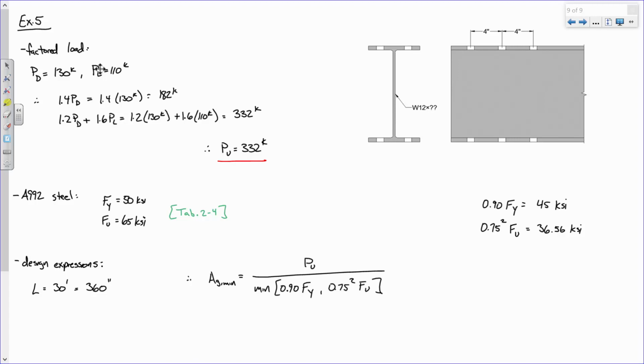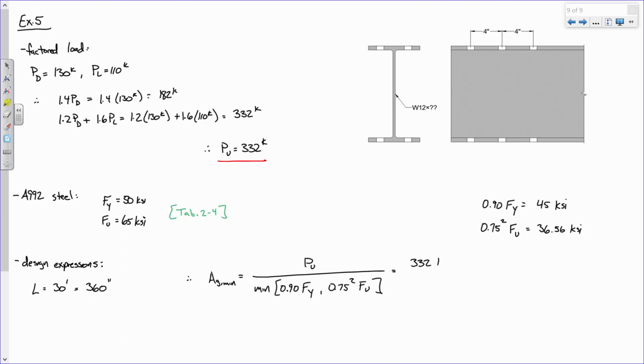Okay. So what we're going to do is we're going to take PU divided by the minimum of those two, so we'll use that one. So, again, why would we use the minimum? Well, I'm trying to solve for the area, how much steel I need, right? So which would result in the worst case scenario? Smaller denominator means higher answer. And so if I'm designing, I want to pick the worst case scenario, the one that's going to result in the higher area.